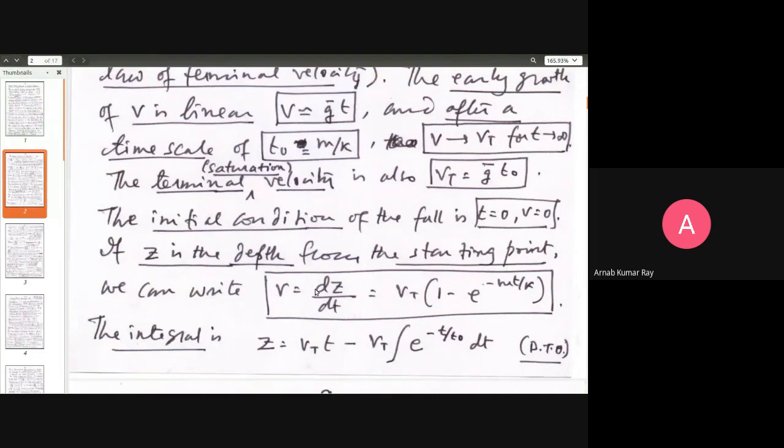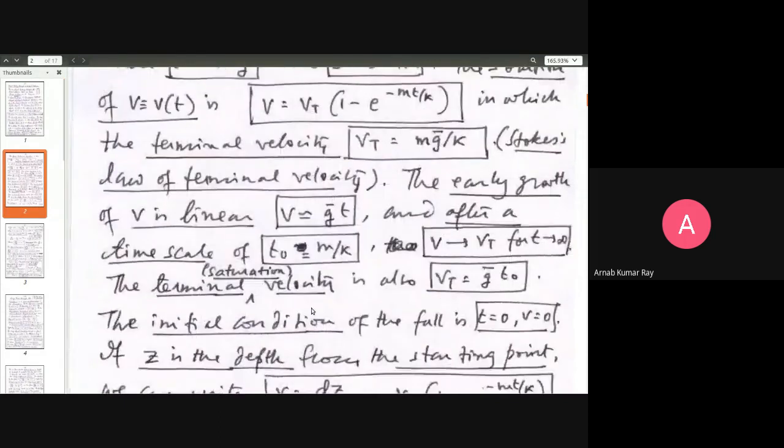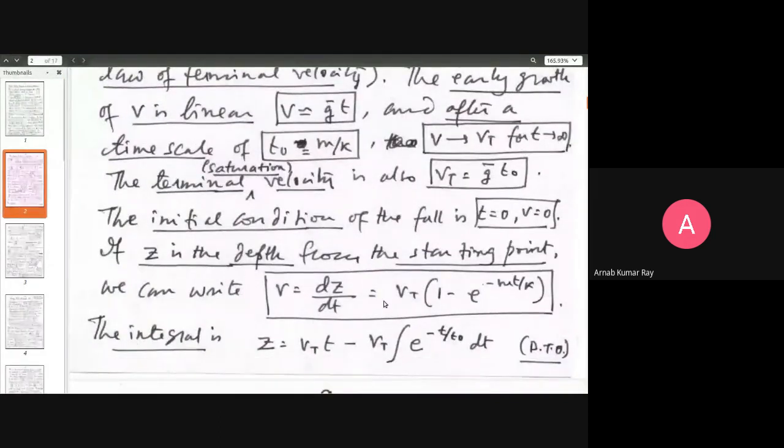So from the starting point, we can write v is equal to dz/dt. And that is equal to, this is our solution, Vt into 1 minus e raised to minus kt by m. Sorry, that error has also carried over here.